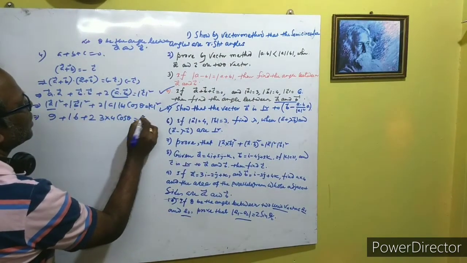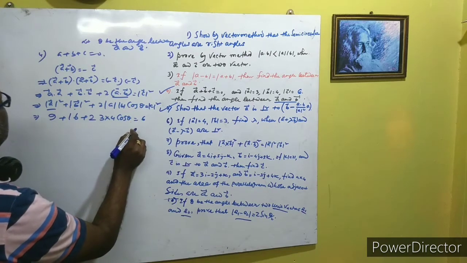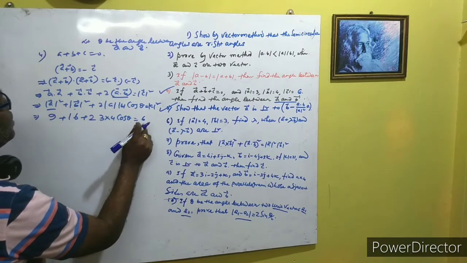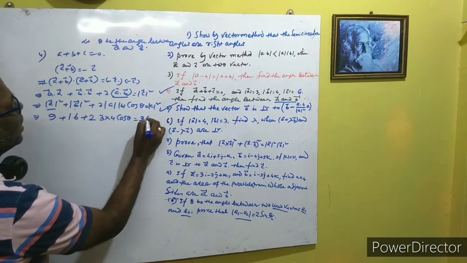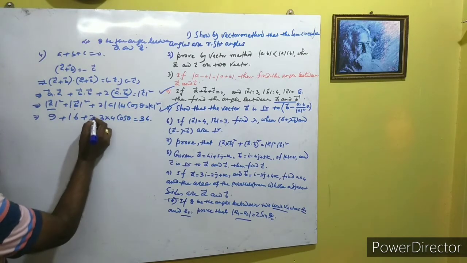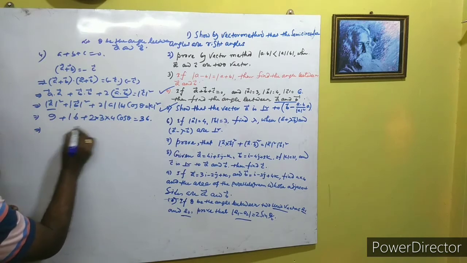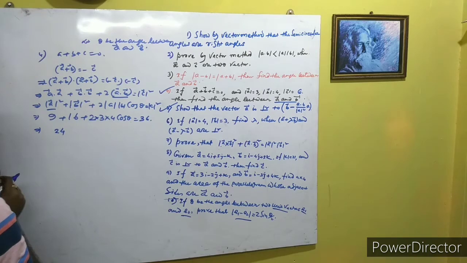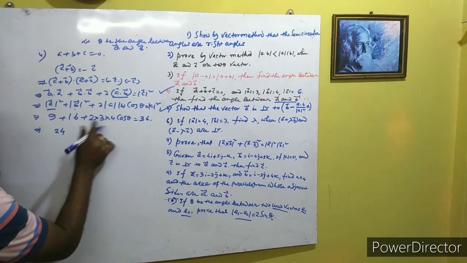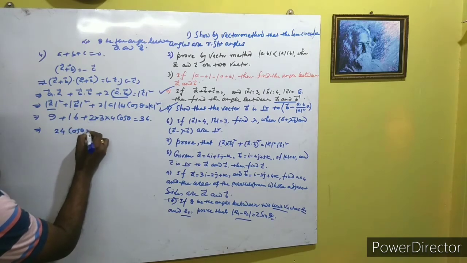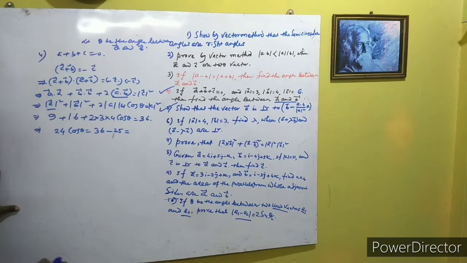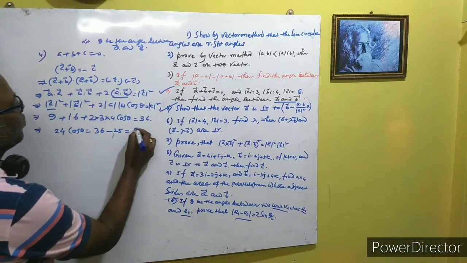This is 36, minus 25, and that is equal to 9.